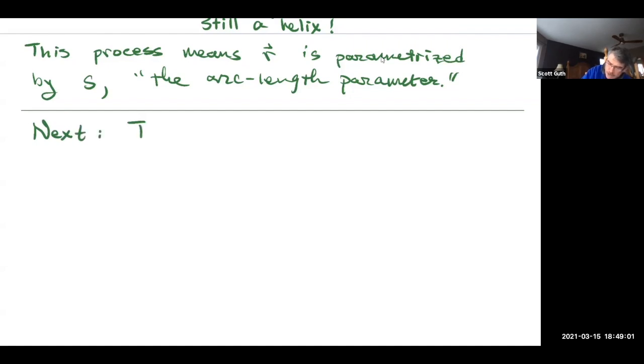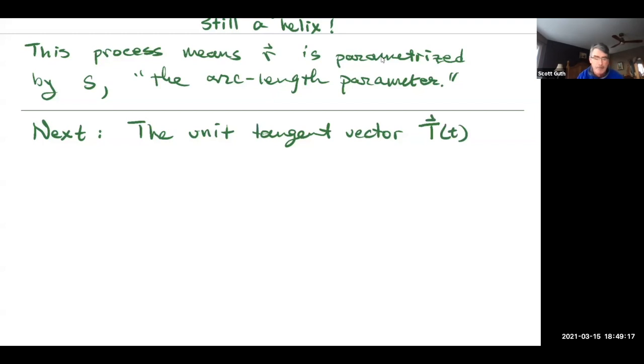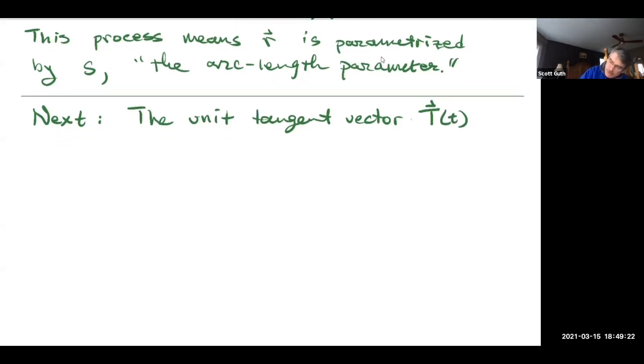So the next thing is the unit tangent vector. The unit tangent vector is going to be called T of t. Notice I'm describing that in time, not through arc length. Since r prime of t is a tangent vector, how do we get the unit tangent? Let's just say it is a tangent for all t.